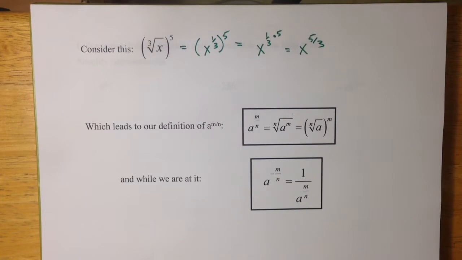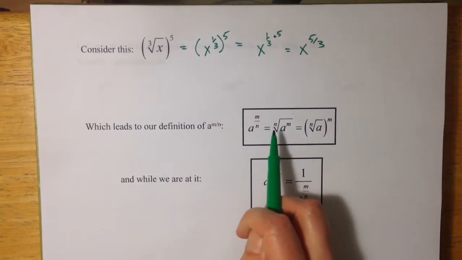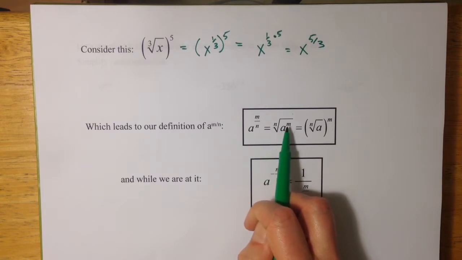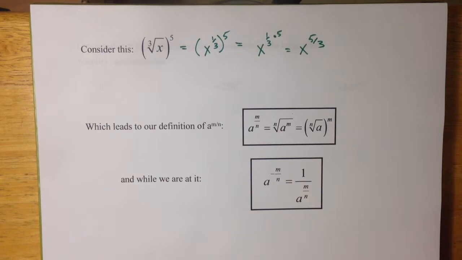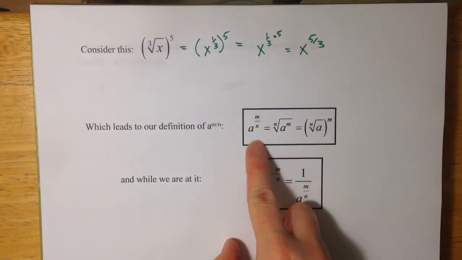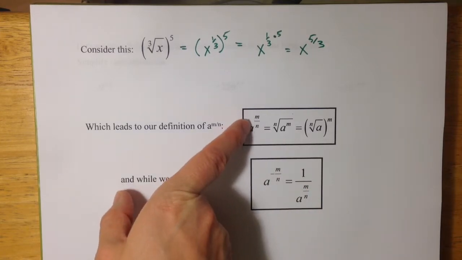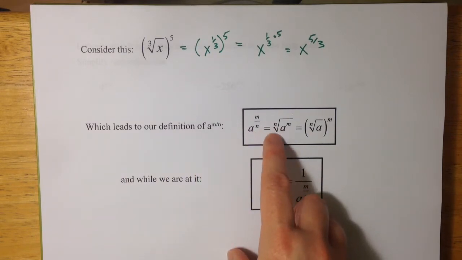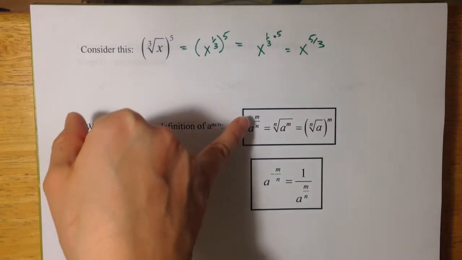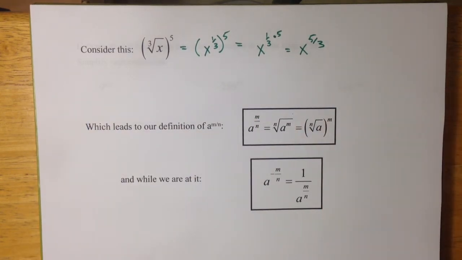Sure enough, that leads to our new definition. A to the m over n is the nth root of a to the m, which is the same as the nth root of a, all to the m power. Now let's dig into that for just a moment. This first equality is telling us that if you have something to a rational power, the denominator tells you what kind of root it is, what kind of radical, and the numerator tells you the power on the thing inside the radical.